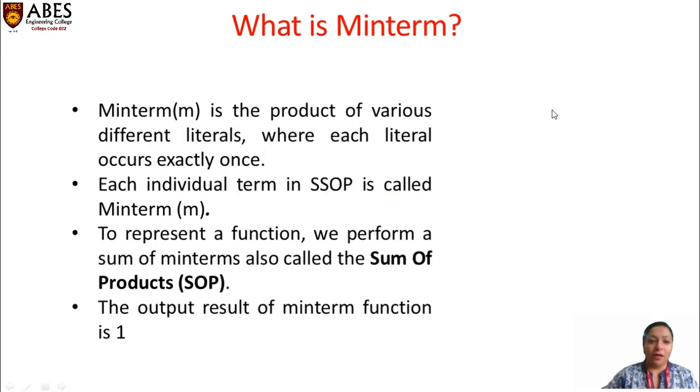So first of all, what is a min term? A min term is the product of various literals where each literal occurs exactly once. What is the meaning of this? Let us understand.